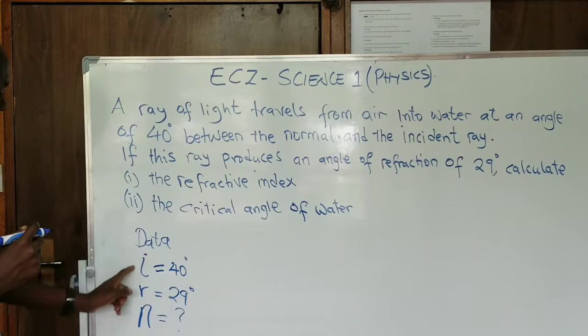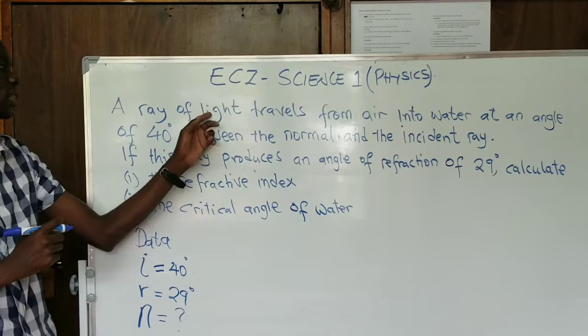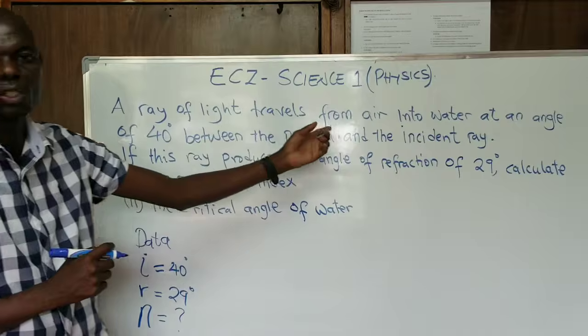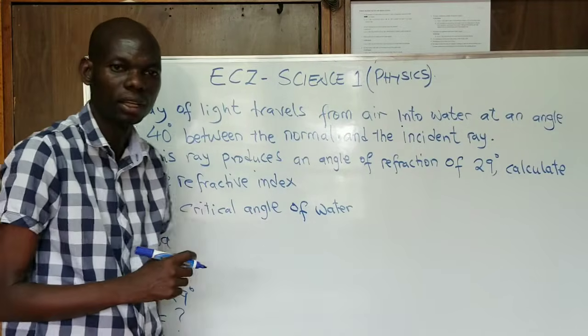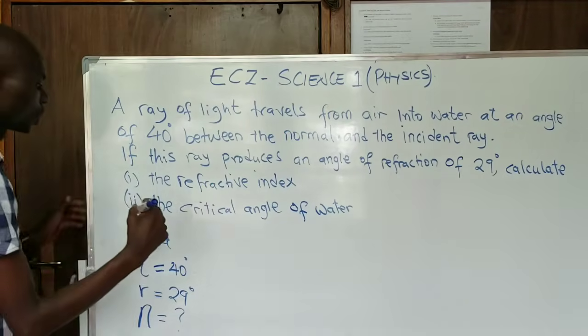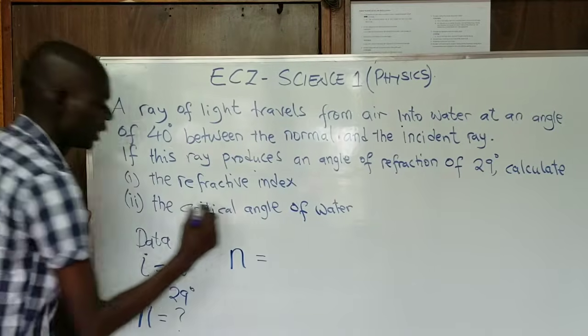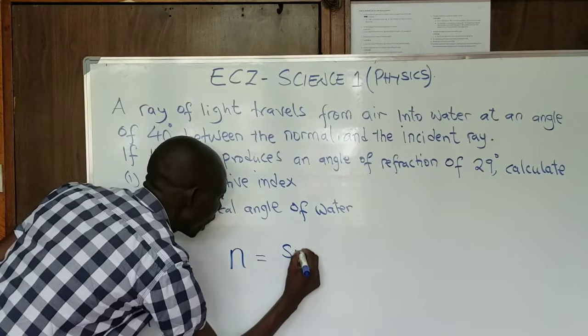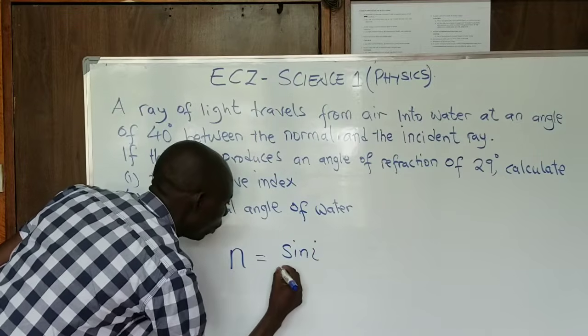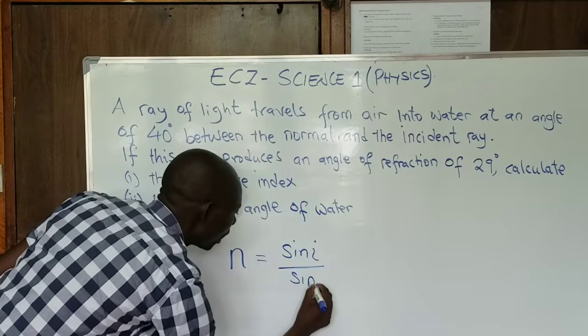Since this ray of light was coming from air into water, we say refractive index is equal to sine I over sine R.